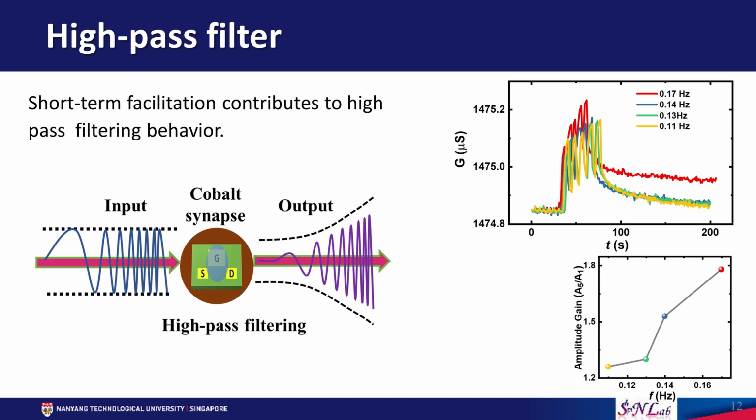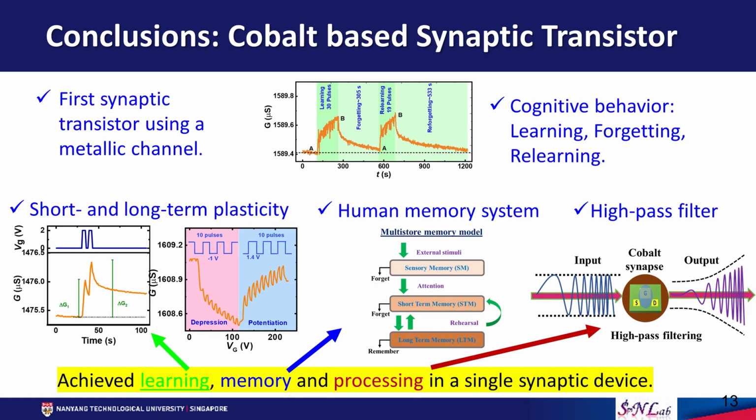So finally, giving a conclusion of this cobalt-based synaptic transistor, firstly, the most important thing is that we have demonstrated one synaptic transistor using a metallic channel for the first time. Secondly, we have shown the interesting cognitive behavior, that is learning, forgetting and relearning of the human brain, in the synaptic device.